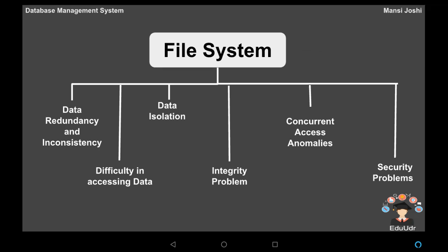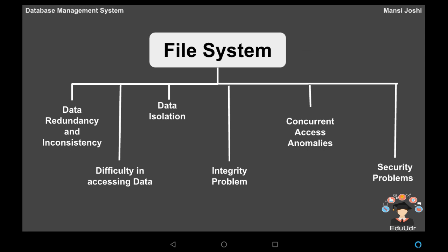The third drawback of file system is data isolation. As the data are scattered in various files, each file may be in different format, so it will be very difficult to retrieve data from variable file formats. The fourth drawback of file system is concurrent access anomaly.